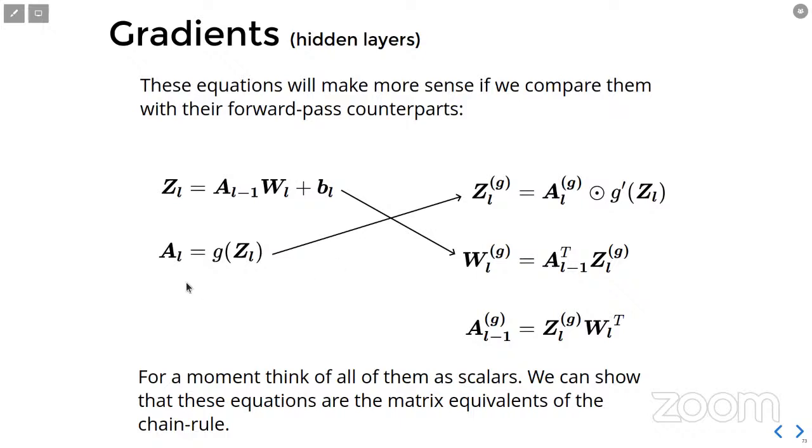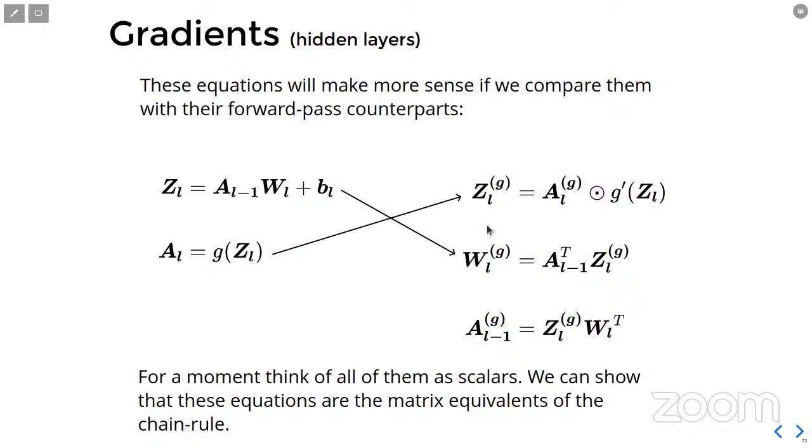This algorithm draws its power from this fact: the entire influence of AL on the loss is consolidated in this one matrix. The moment I have that matrix, the only thing I need to worry about is my activation function, because that is all the dependence between AL and ZL. Right, sir.